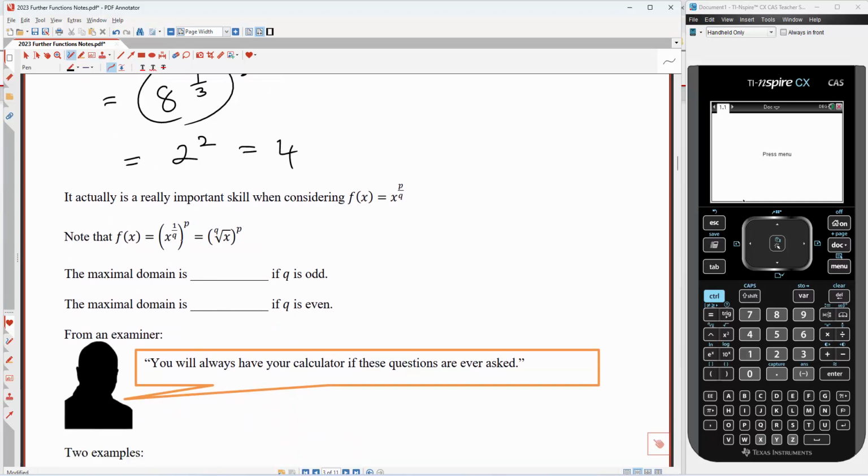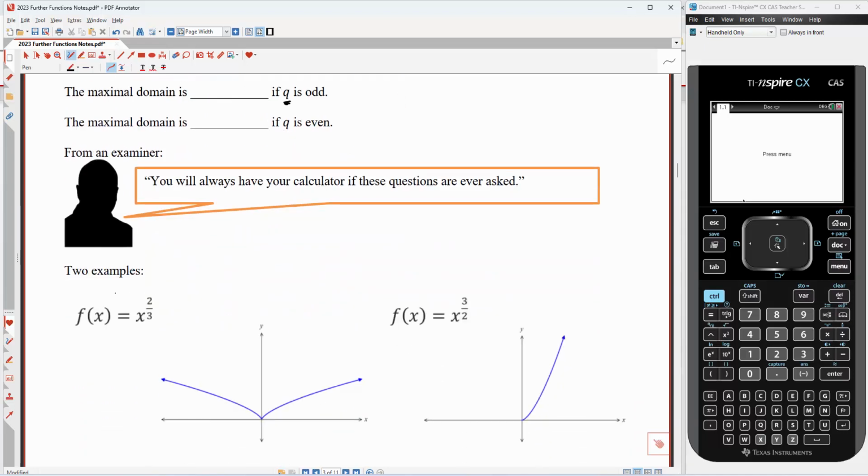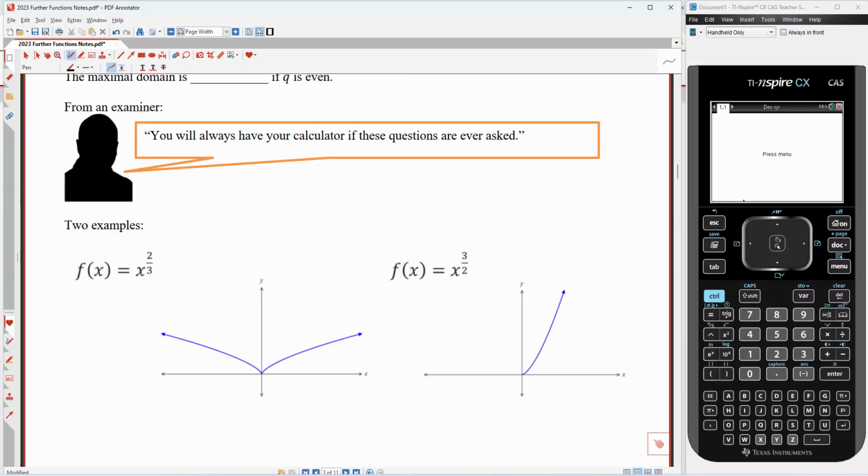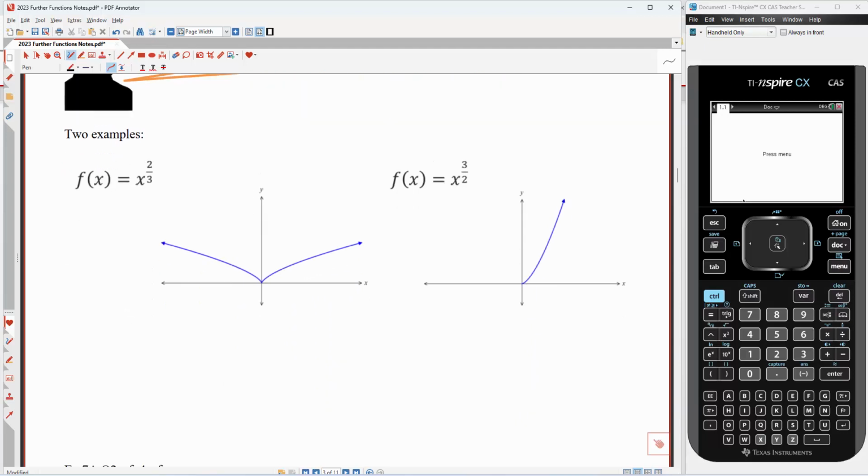So this one here, we'll think about this. The maximal domain, if q is odd. Let's summarize this once we've actually done 2 examples, or we see how 2 examples work. So this is f of x equals x to the 2/3. The way to think about this graph is f of x equals x to the 1/3 to the 2.